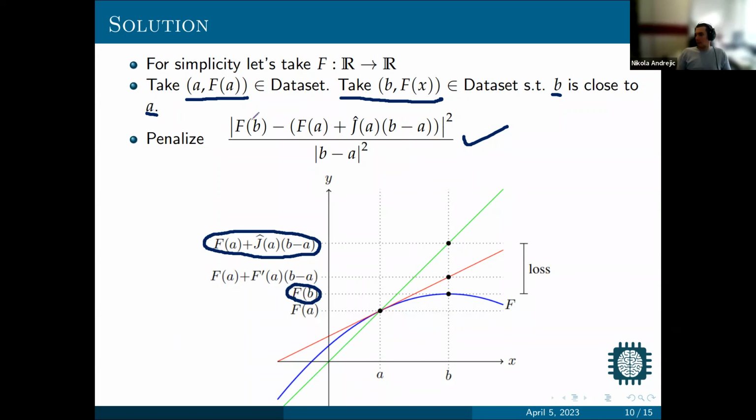Yeah, they propose to penalize this, but they divide by the distance between A and B, which I think on this figure, if you draw this triangle, corresponds to penalizing the tangent square of this angle here, because that would be f of A plus this, and then this is f of B over B minus A. So that would be penalizing the tangent square of this angle.